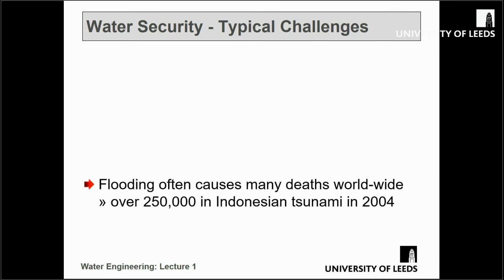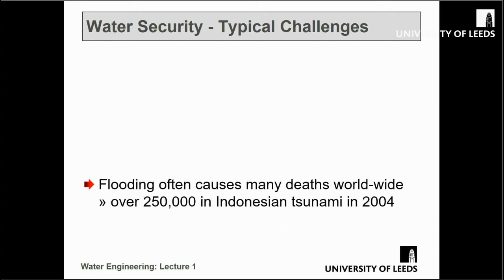Flooding, much more accessible for us. We can understand what flooding is. Flooding often causes many deaths worldwide. A bit old data, this: the 2004 tsunami in Indonesia killed 250,000 people. Flooding in the UK, is that a big problem?